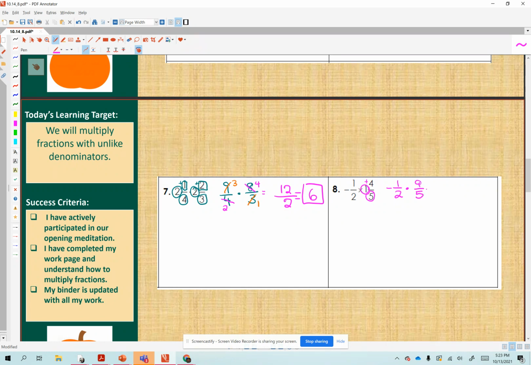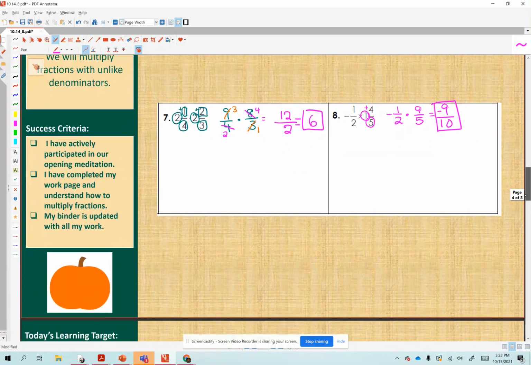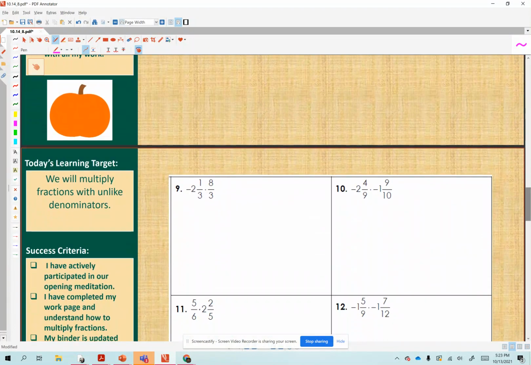I do not have any way to simplify this because 9 and 2 do not share a common factor. So I'll simply multiply across. 9 times 1 is 9. This is negative. 2 times 5 is 10. And negative 9 over 10 is the final answer for that problem. So now let's look at number 9.